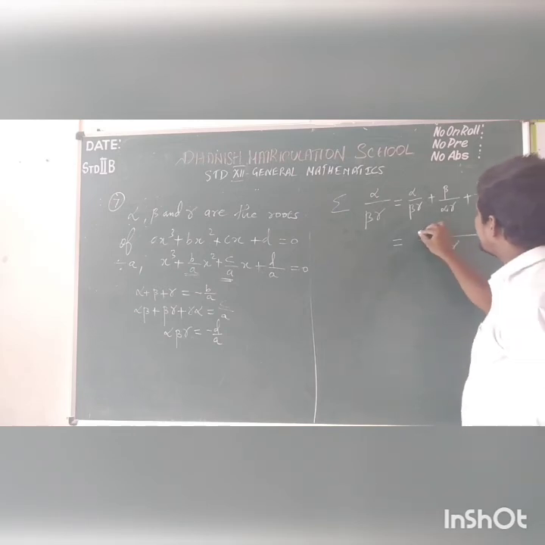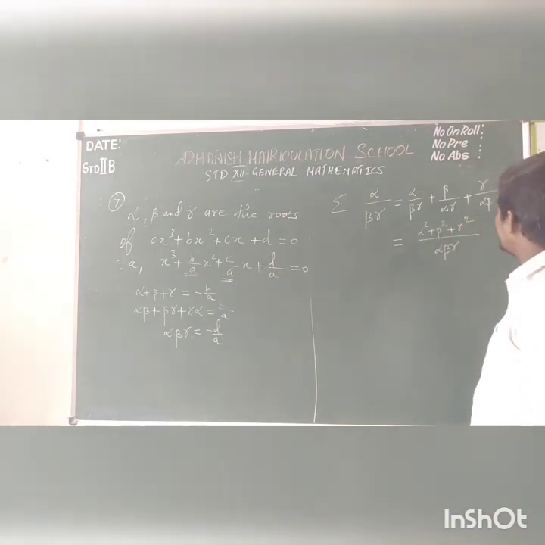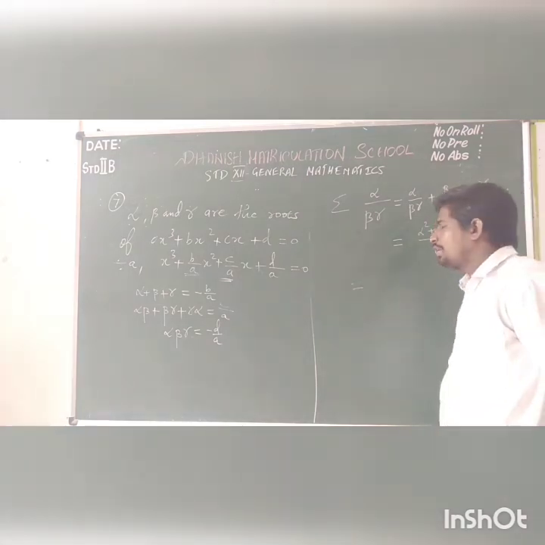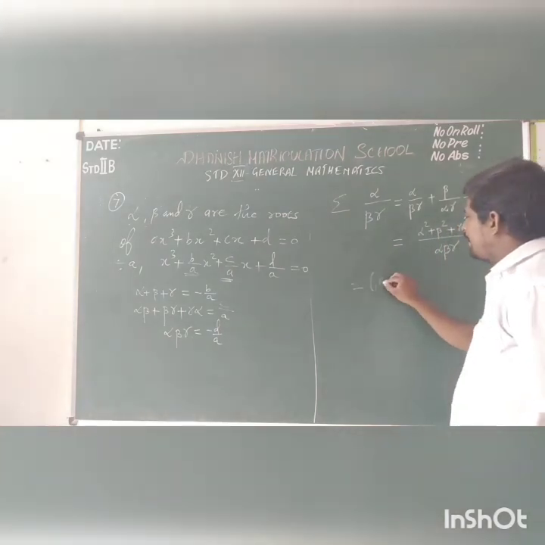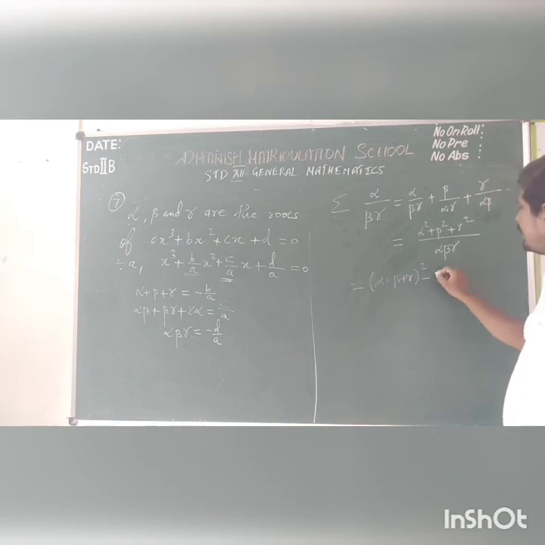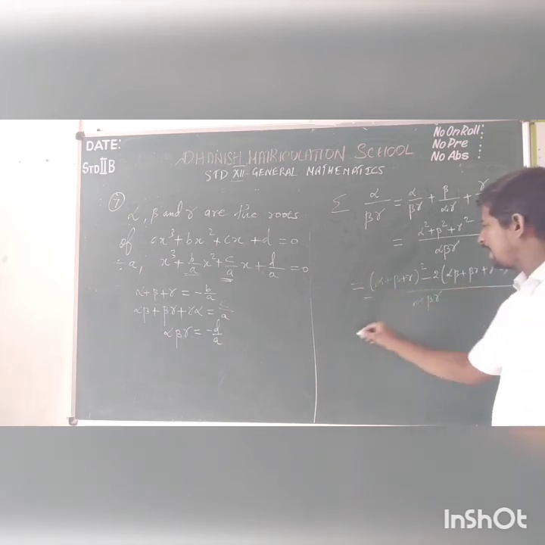Now the numerator will be alpha square plus beta square plus gamma square, which will be alpha plus beta plus gamma whole square minus 2 into alpha beta plus beta gamma plus gamma alpha, divided by alpha beta gamma.